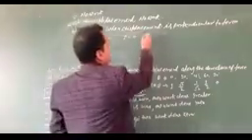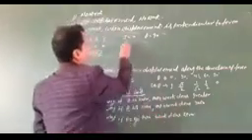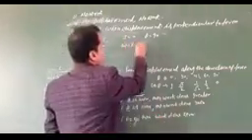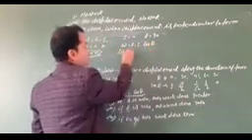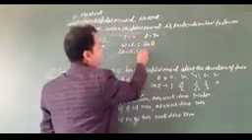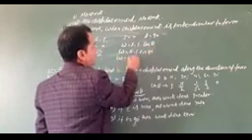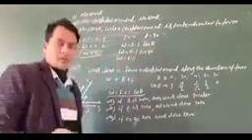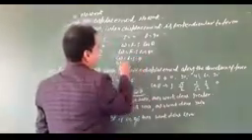Then the angle between the force and displacement is 90 degrees, and we know that W equals F into S cos theta, then W equals F into S cos 90, and the value of cos 90 equals 0, so work done equals 0.